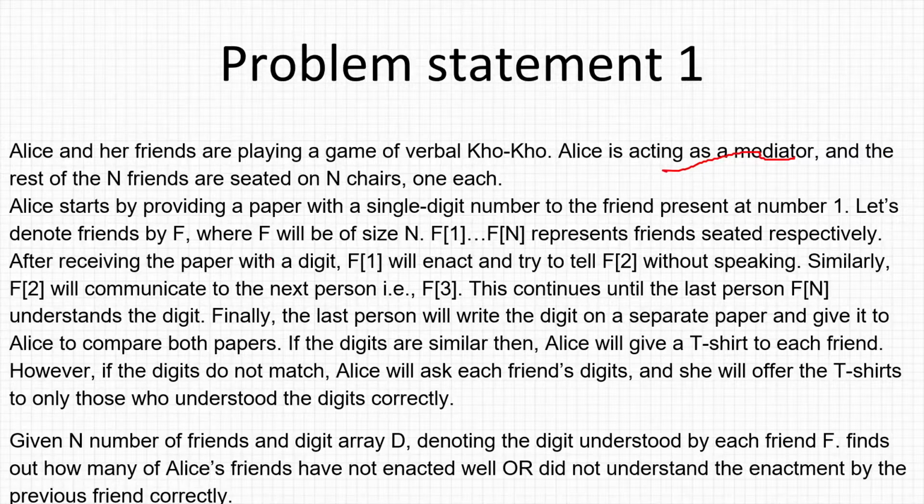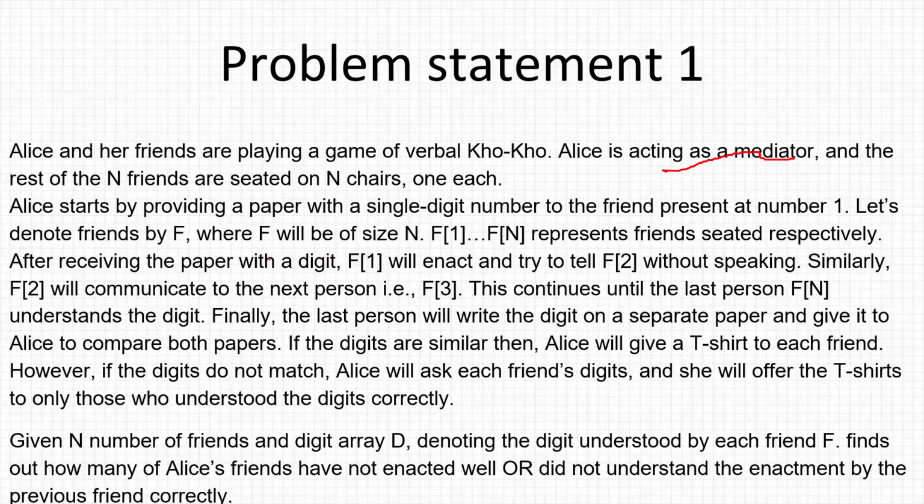So Alice starts by providing a paper with a single digit number to the friend present at number 1. Alice is the first person and she starts by providing the single digit number to the friend. A single digit number is only between 0 to 9.